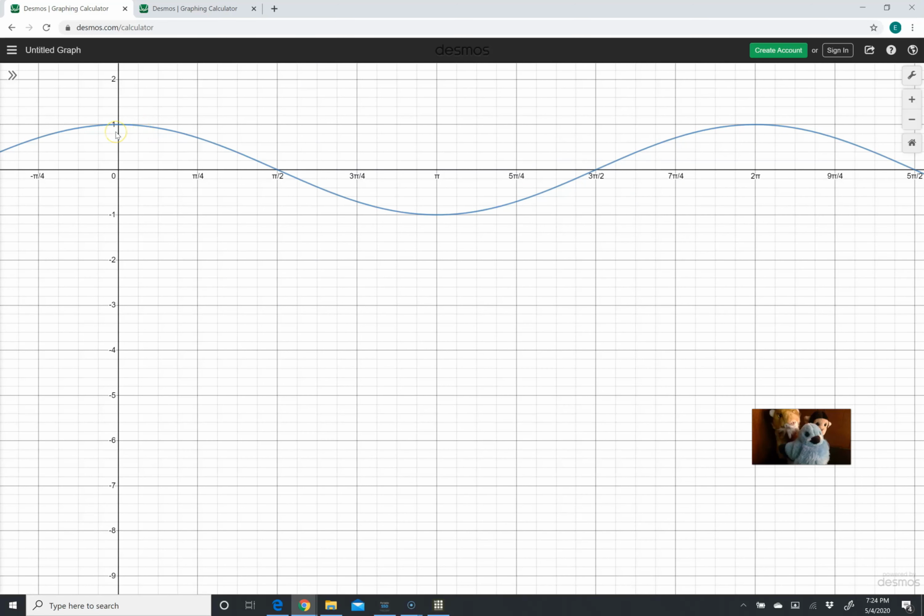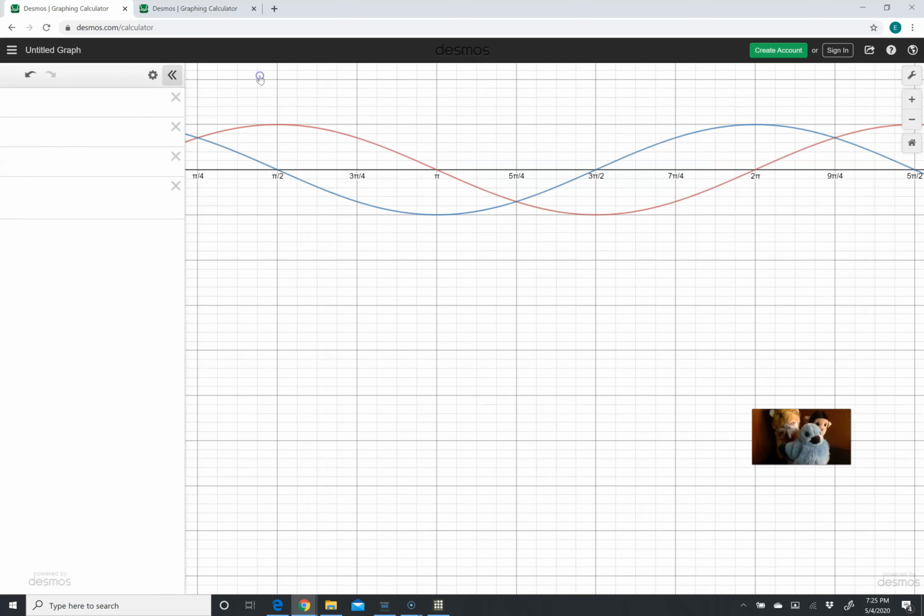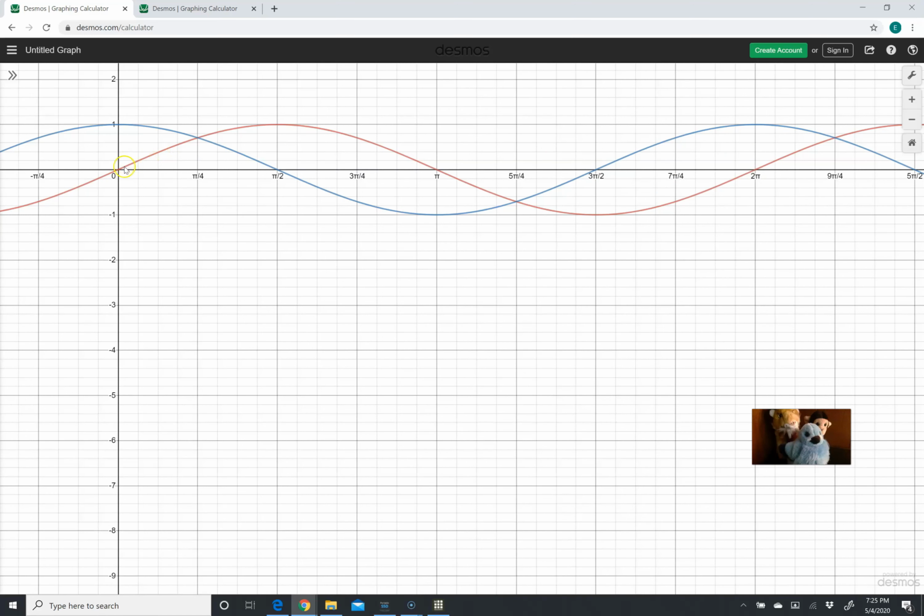So we took the sine graph and we moved it to the left because we added. I'm going to show you the sine. The sine graph is this red graph. If you imagine picking up this red graph and moving it by pi over 2, notice our maximum at pi over 2 is now our maximum at 0, because we picked up this graph and moved it to the left, okay?